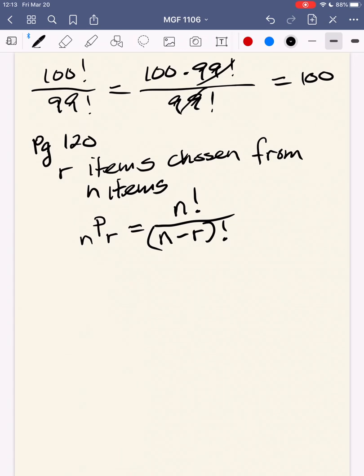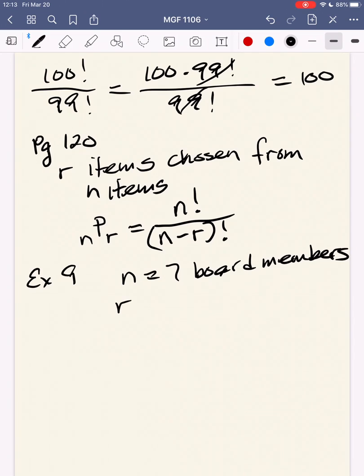Okay, so let's go ahead and look at example 9. And we have a corporation has 7 members on its board, so my n is 7 total, 7 board members. All right. And in how many ways can I elect a president, vice president, secretary, and treasurer?